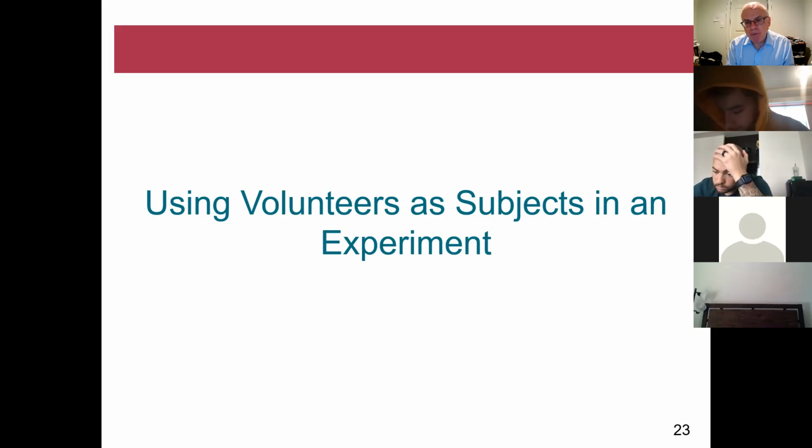The idea of having a group of participants for an experiment. What it means is that if they're volunteers, that's called a convenience sample. And therefore, we cannot generalize the results of the experiment to the general population or to the group that we are interested in. All right, that's important to remember.